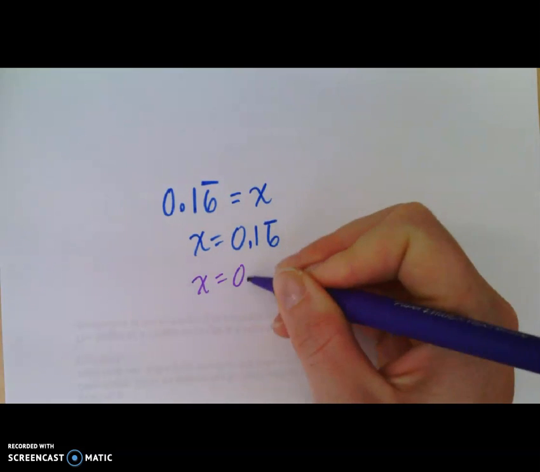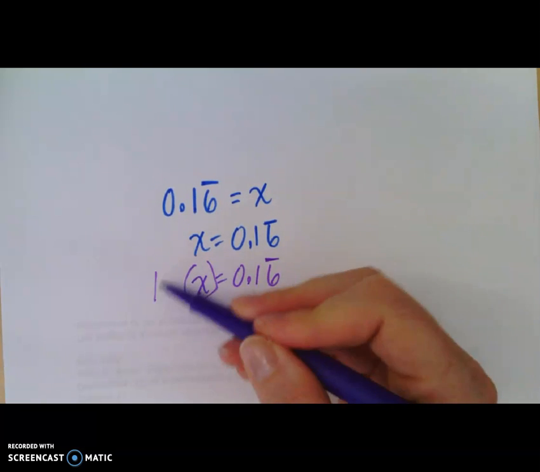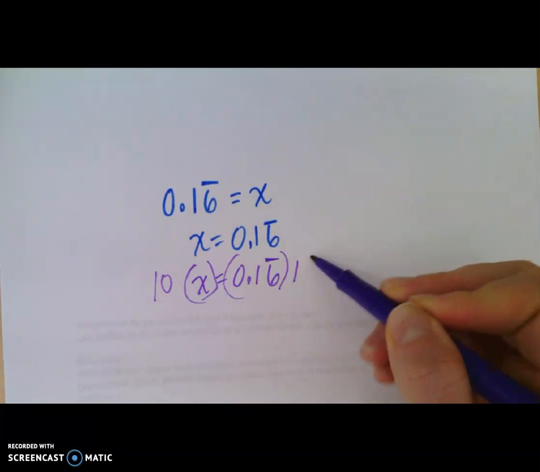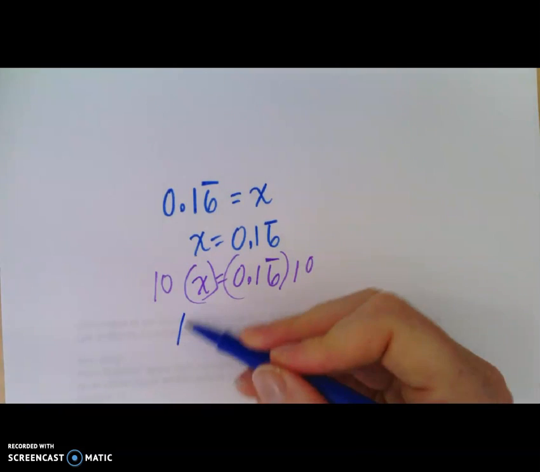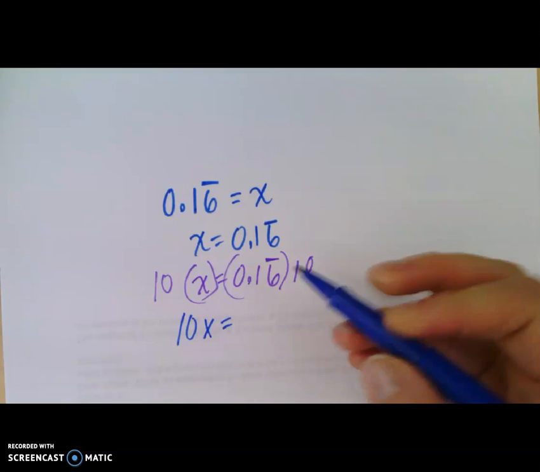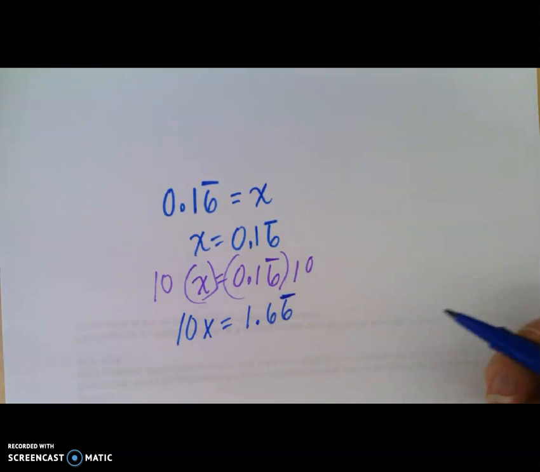So if x is equal to 0.1 with just the 6 repeating, I can multiply both sides by 10, and then we have 10x is equal to 1 point, and then the 6 is just being repeated.